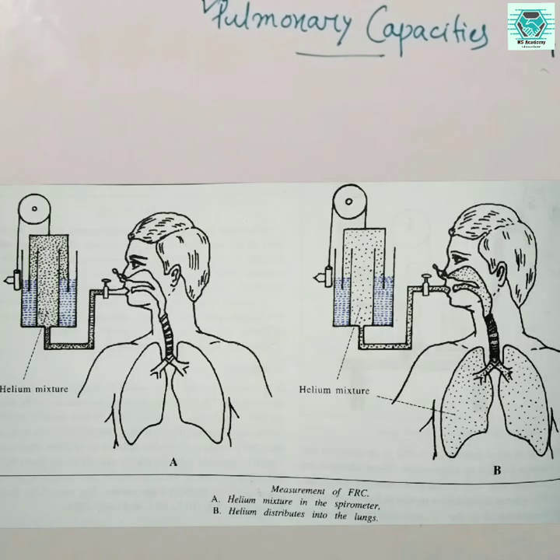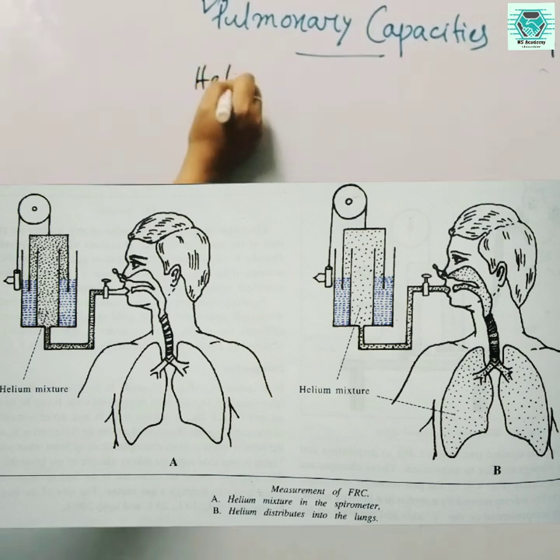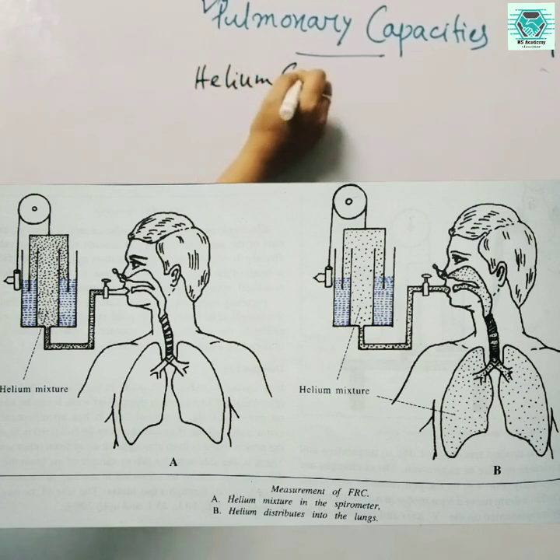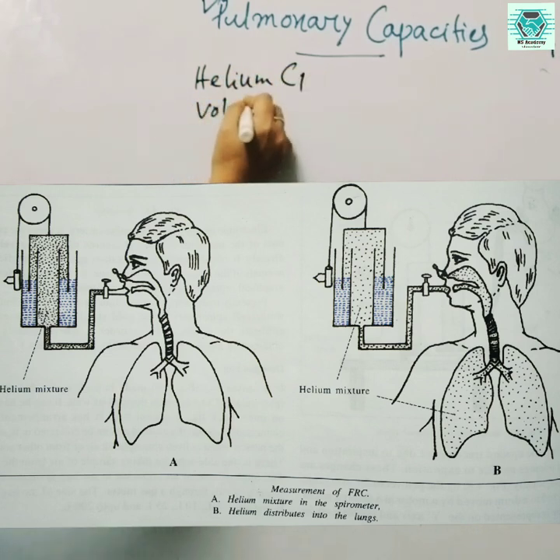You can see in the diagram how the measurement occurs. A helium mixture with known concentration of helium, C1, is kept in the spirometer of known volume, V1.